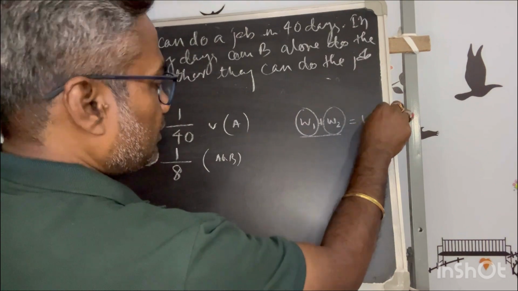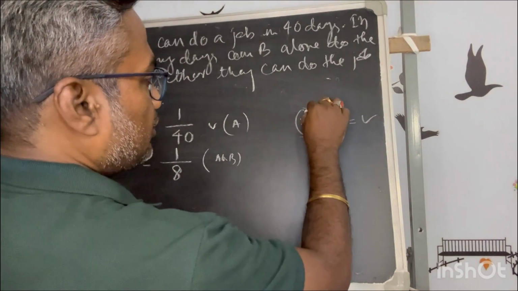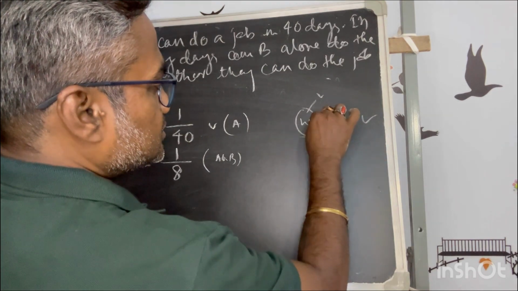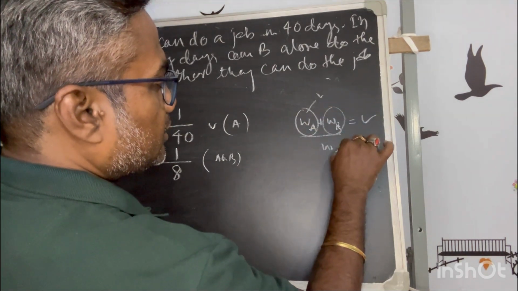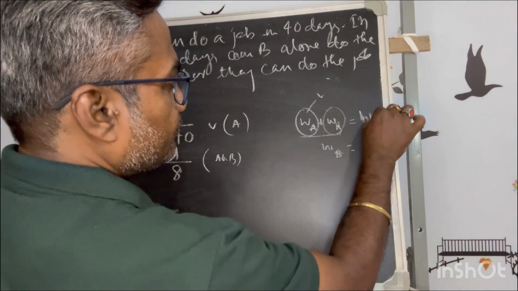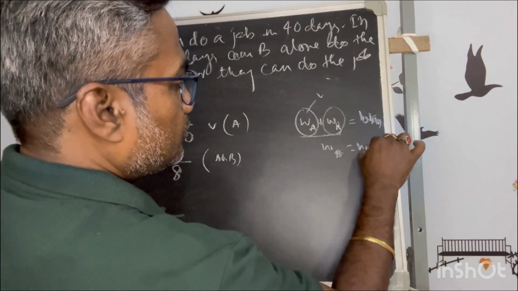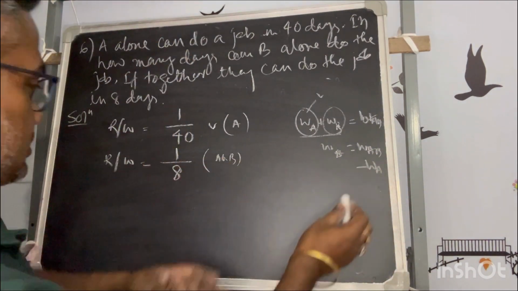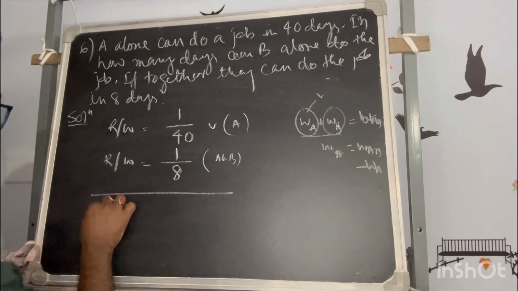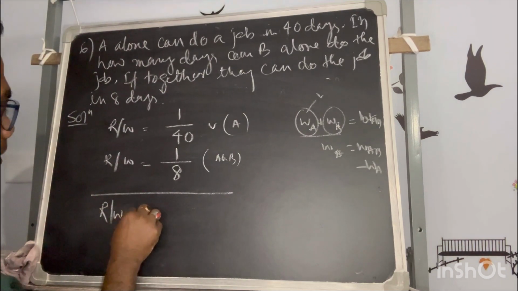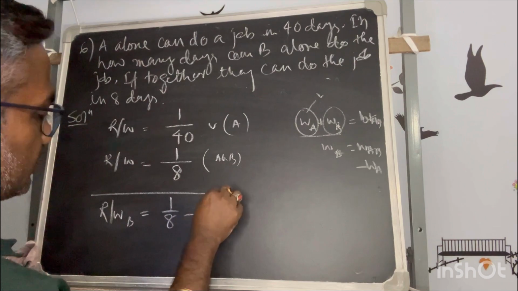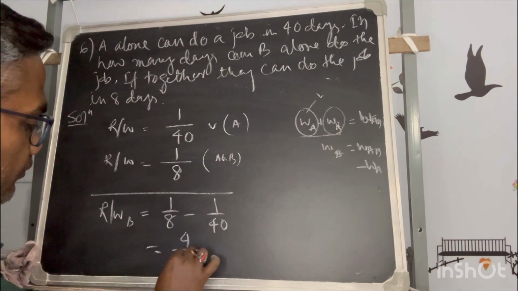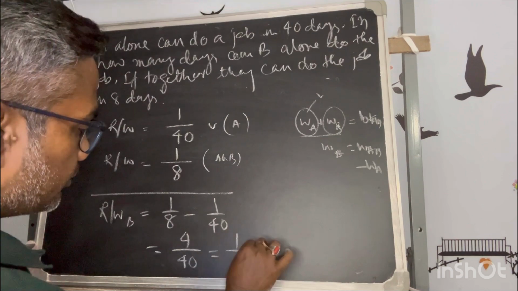Together we know some value. Individually A we know. So definitely WB, this is A and this is B, WB we can get if we deduct WAB minus WA. Definitely yes, this is a simple equation. So what is the rate of work of B? That is equal to 1 by 8 minus 1 by 40. So that is equal to 4 by 40, that is equal to 1 by 10.